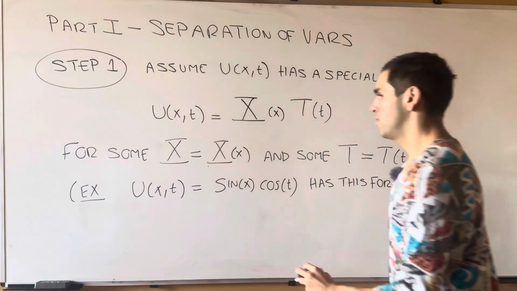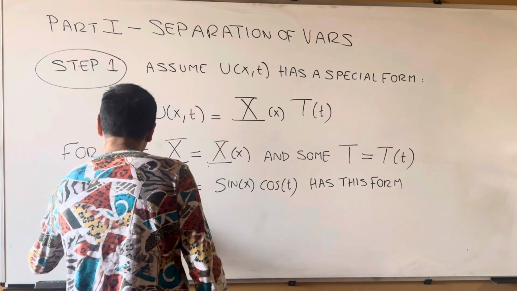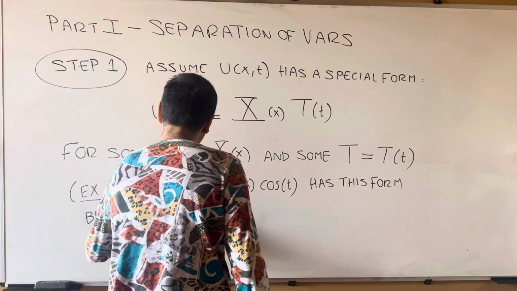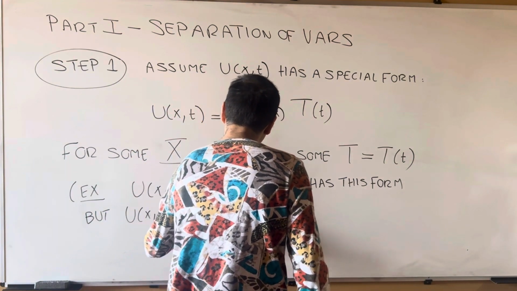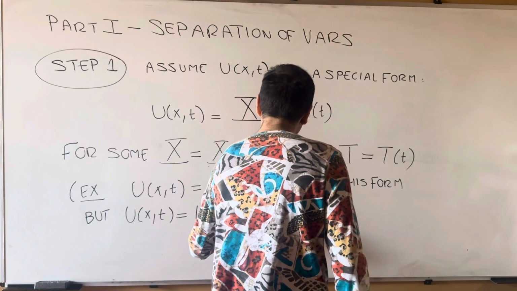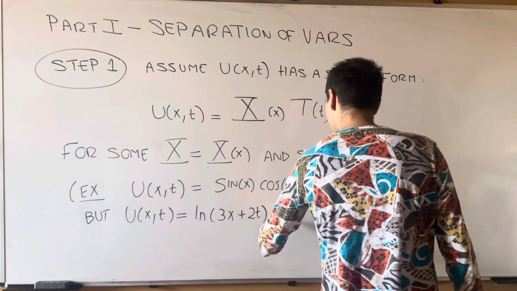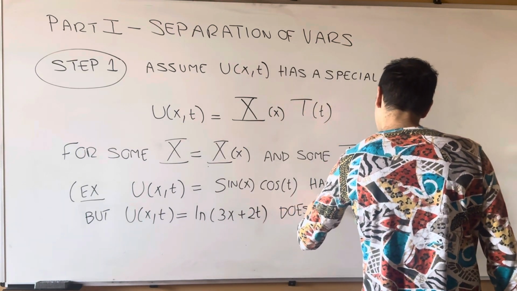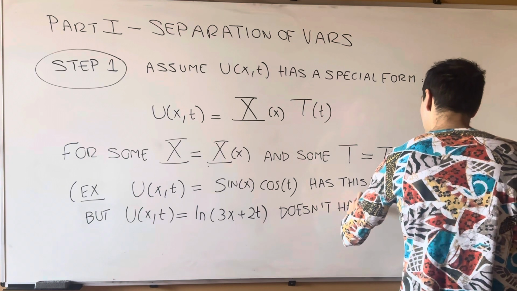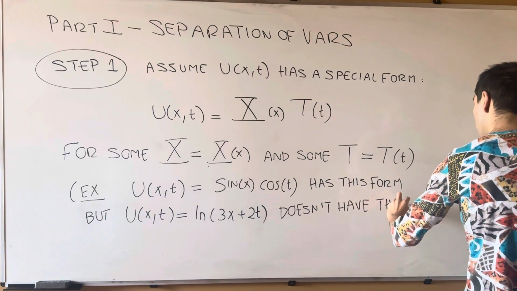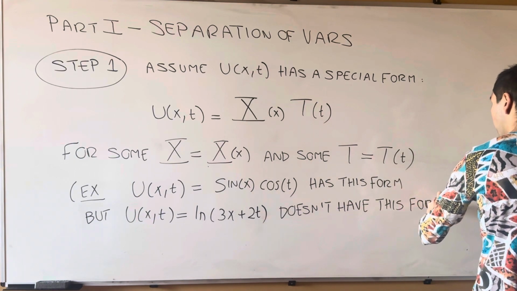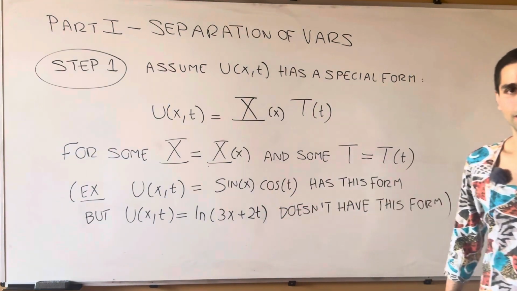But if you take, for instance, ln of 3x plus 2t, it doesn't have this form. Because notice, it is not a function of x times a function of t.